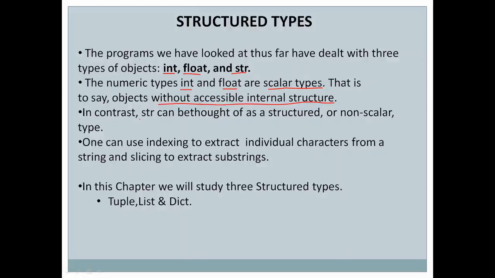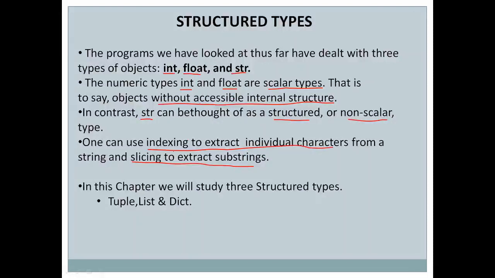We have studied str, which is a structured type, or you can say a non-scalar type, where we can access the internal structure. We can use indexing to extract individual characters from a string, and even slicing can be used on a string. So int and float are scalar, whereas str is non-scalar.